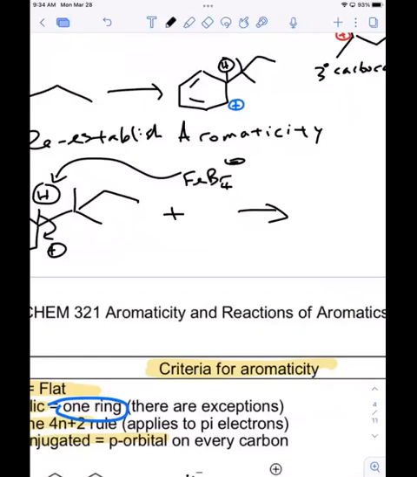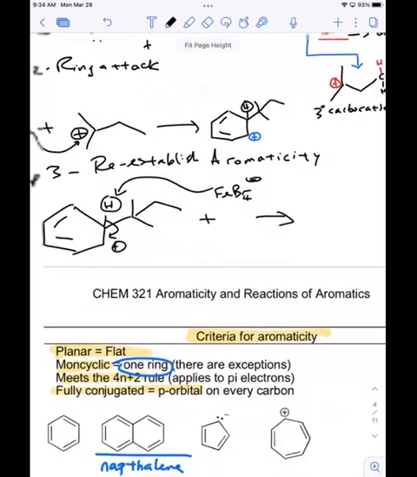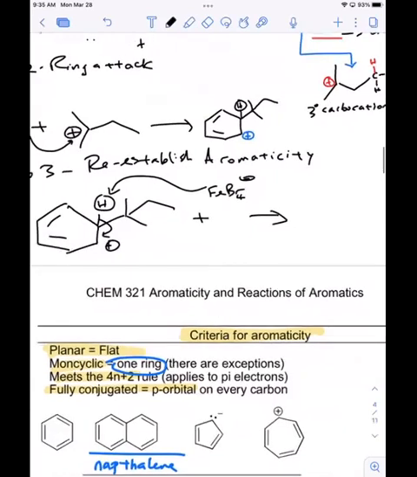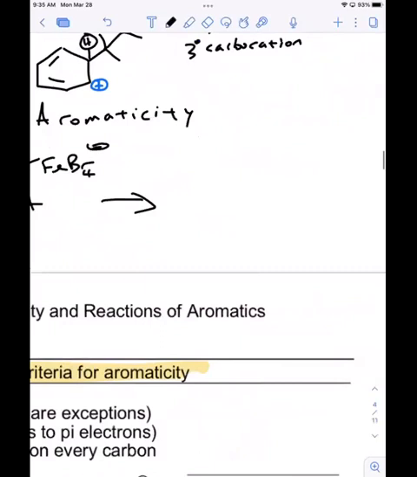Now that negatively charged metal with its coordinating groups is going to have one of those groups donate a pair of electrons and pull off this proton. All right, so we're going to end up with our product, which is this.